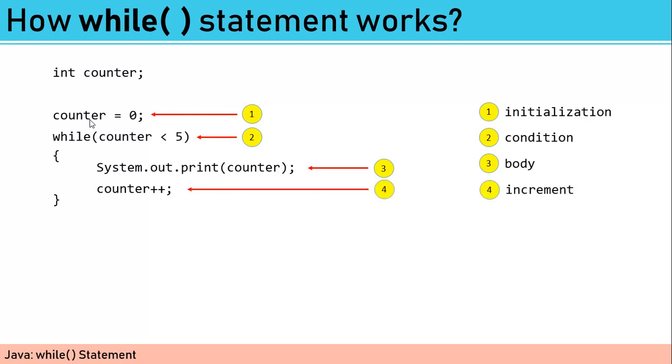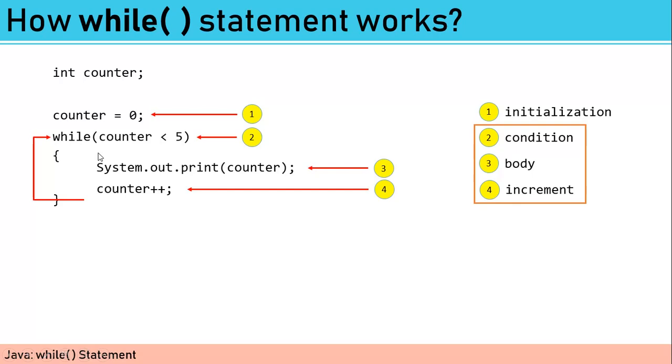Then it is followed by the increment in this part. For this example, we have the increment here, and after that the execution will go back to your condition. As you can recall from our previous slide, these are the three parts that your compiler will be executing while this statement is true.